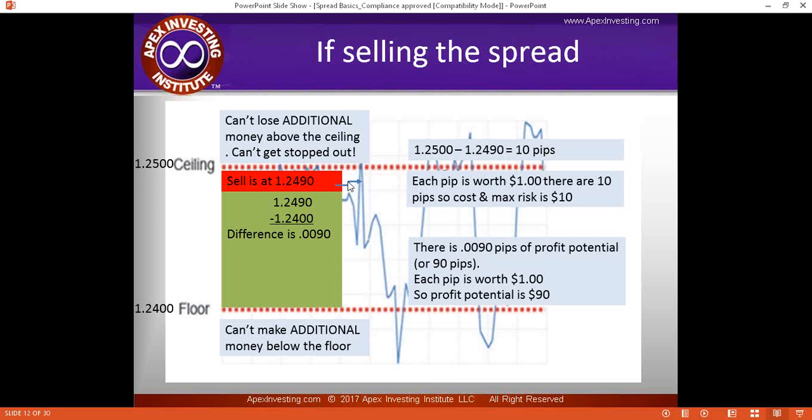Do I make $200? Do I profit on all 200 pips? Right, I can only profit down to the floor. So 90 pips of potential profit to the floor, each pip is worth $1, potential profit is $90.